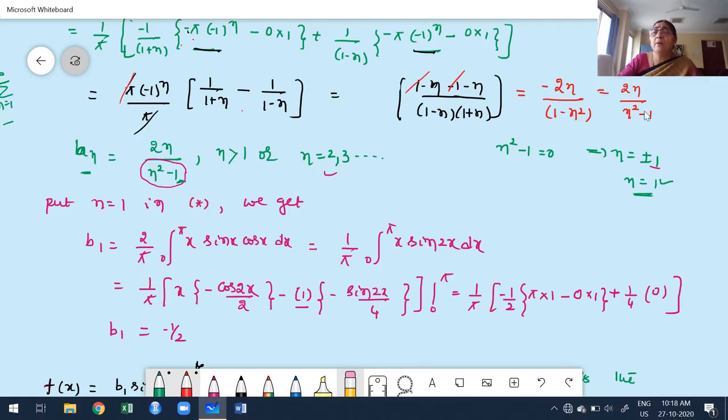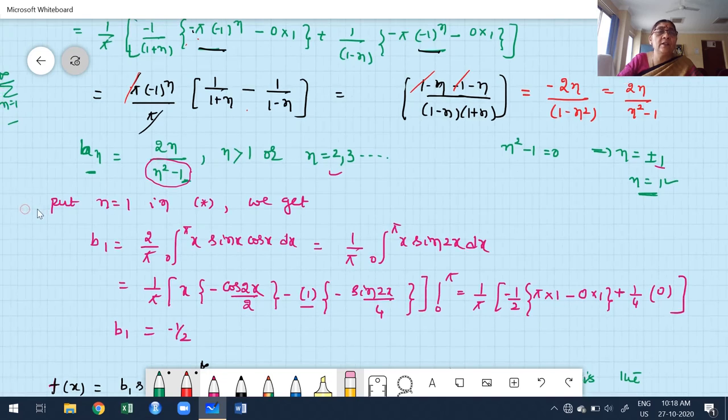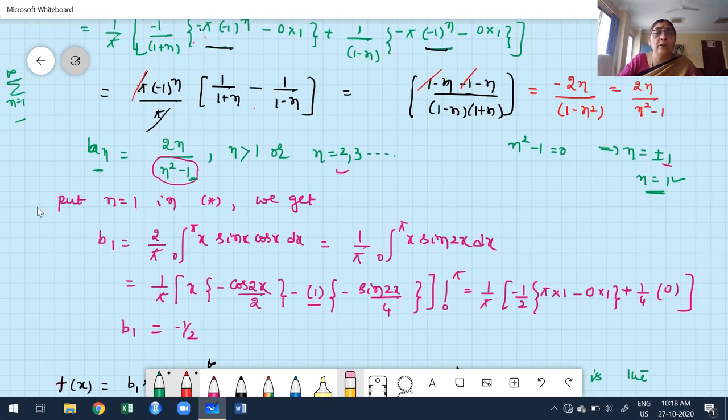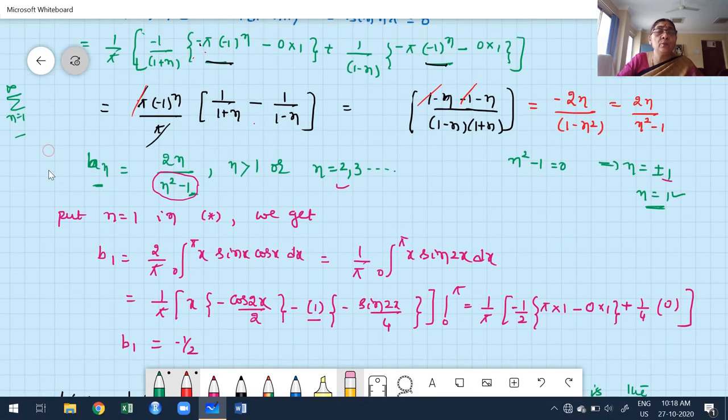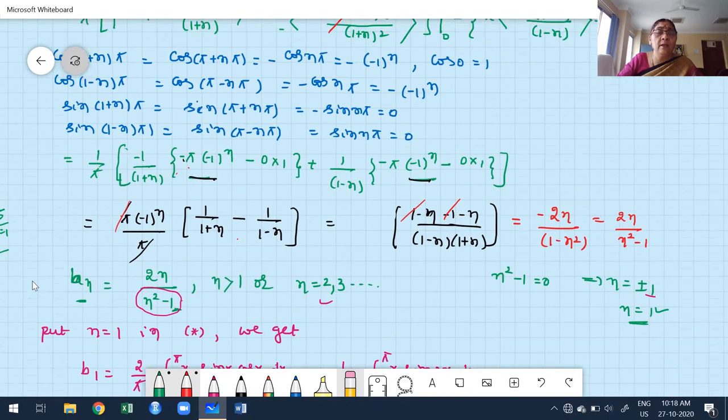You set the denominator equal to 0, solve it, and find the value of n. Then verify whether that value is included in the summation. Yes, here it is included for n equal to 1. Therefore, this Bn is not true for n equal to 1. How can you proceed? Just put n equal to 1 in the formula for Bn.